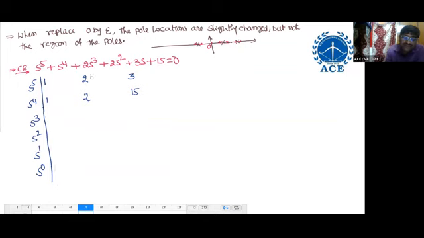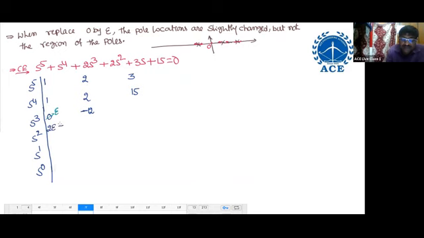What is the answer? 2 minus 2, 0. 1 into 3, 3. 3 minus 15 means minus 12. Now 0 is replaced by epsilon. Next, 2 epsilon.